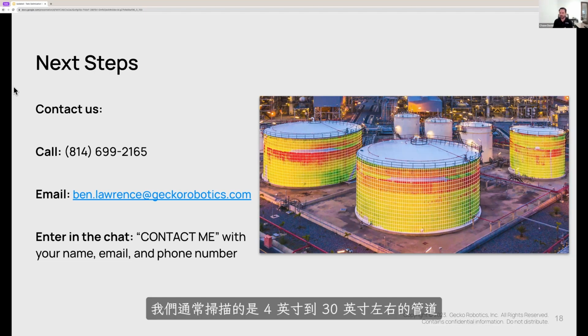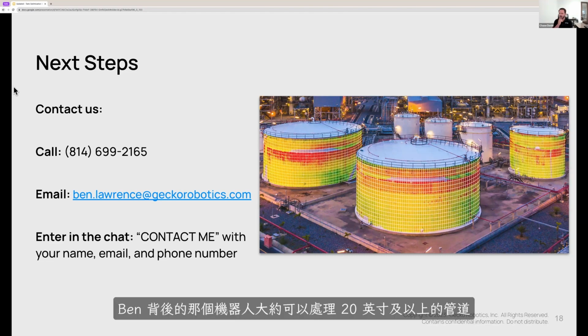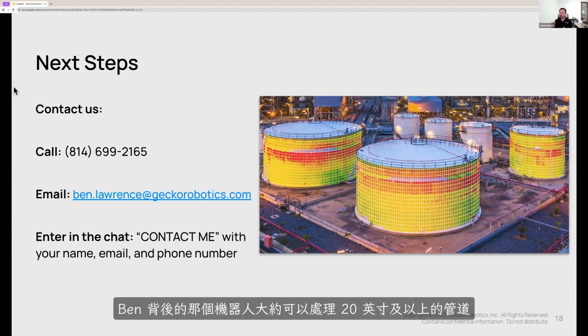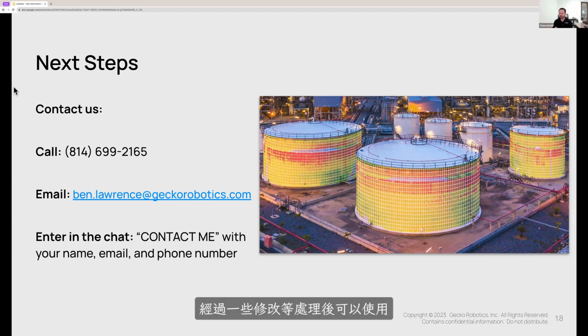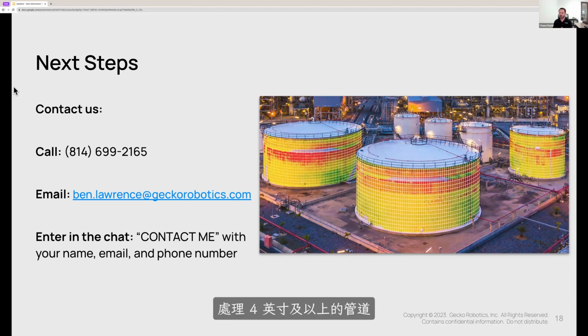So typically we're doing anywhere from 4-inch to 30-inch pipe or so, or maybe larger. It's no issue. So the robot behind Ben there can do roughly a 20-inch or above with some modifications and whatnot. We have several options. And then for the phased array robot, 4 inches and above. So we have a wide range of tools that we can use, 4-inch and above.